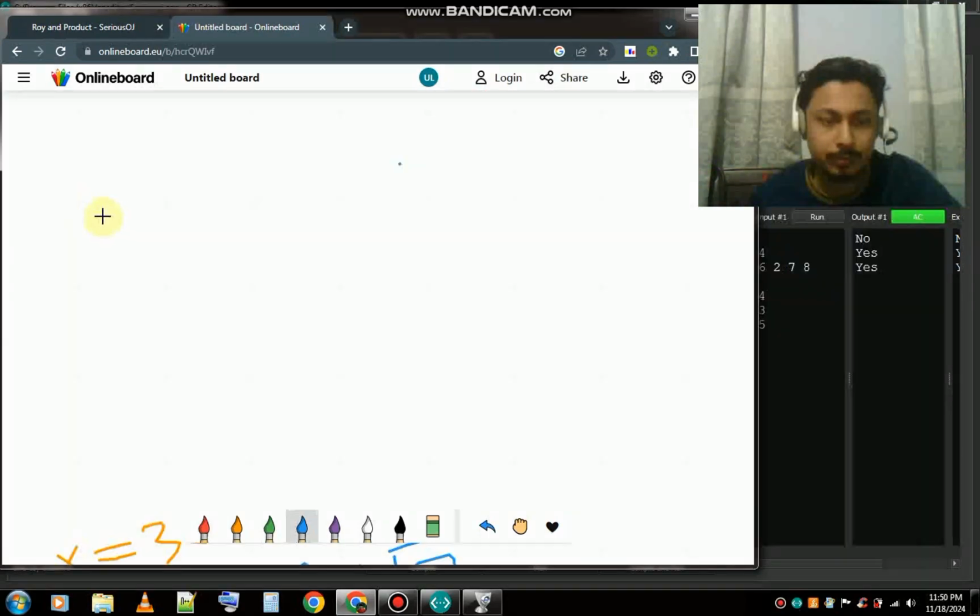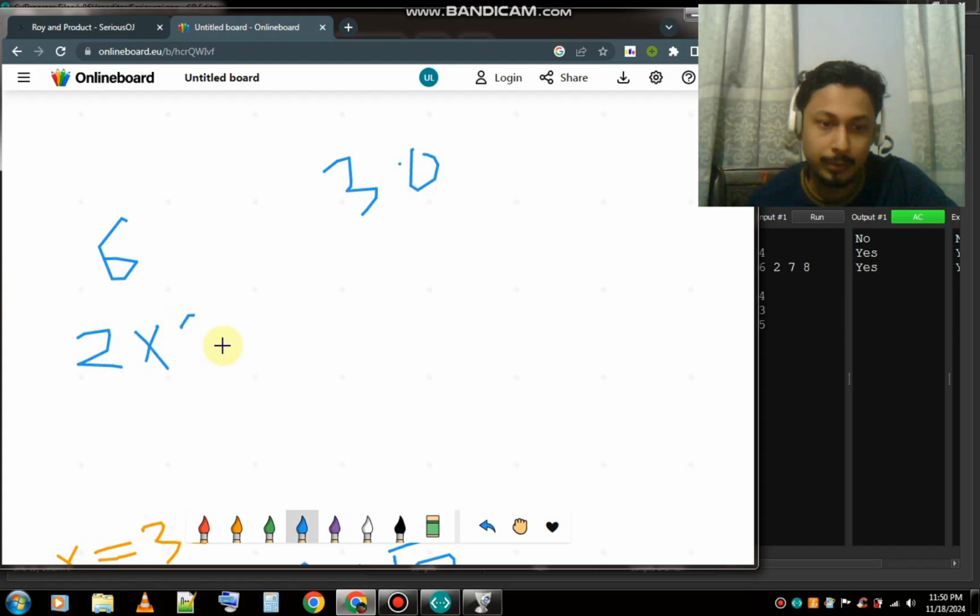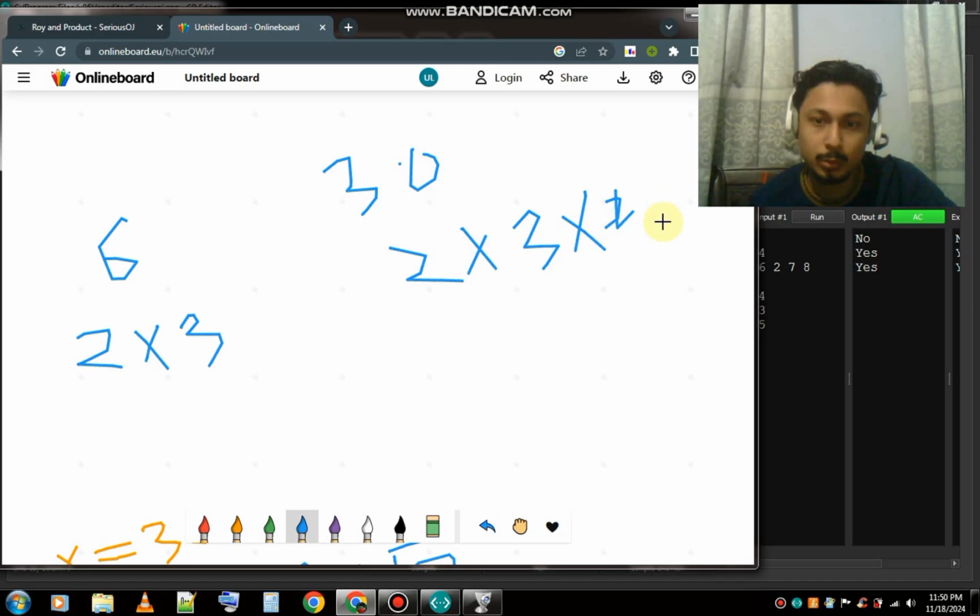So we need to modify. A number is divisible by x if they share the same prime numbers, right? 30 is divisible by 6. 6 is 2 into 3, and 30 is 2, 3, 5. Why is 30 divisible by 6?